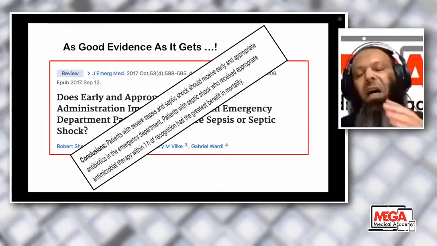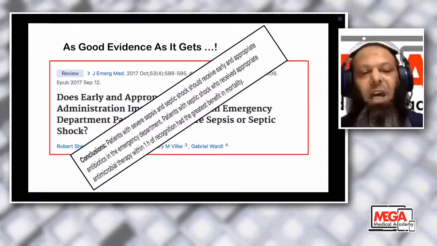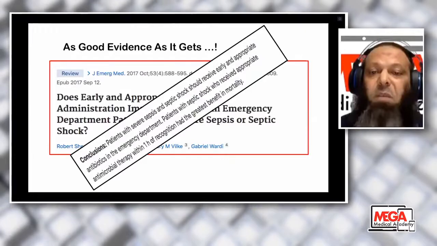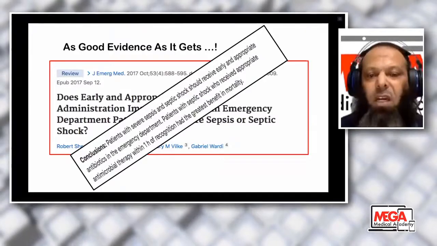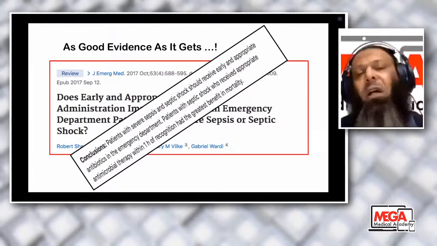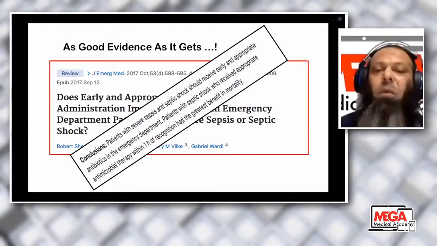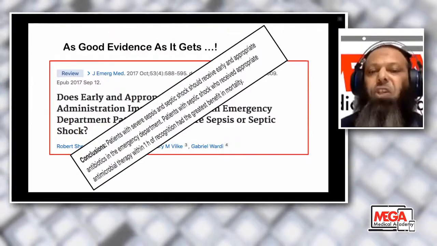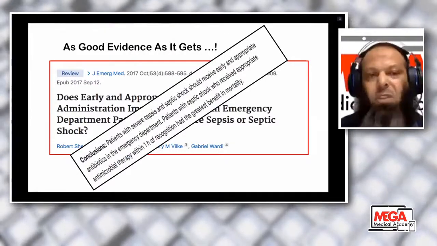Also, you need to have evidence. A lot of evidence has been accumulating for a long time. A patient with severe septic shock should receive early and appropriate antibiotics in the ER or on the floor if you are managing the rapid response team. Patients with septic shock who received appropriate antimicrobial therapy within 1 hour of recognition had the greatest mortality benefit.